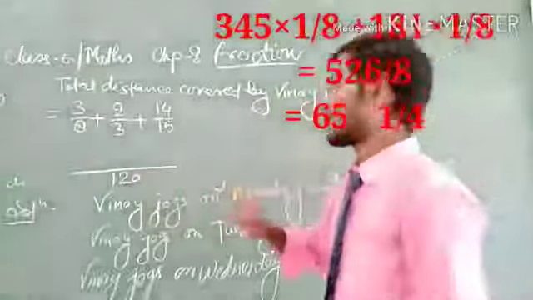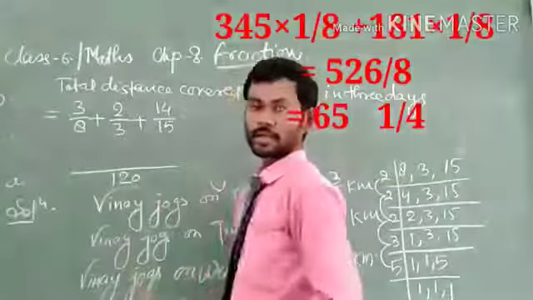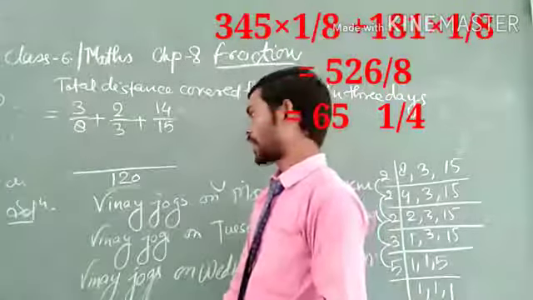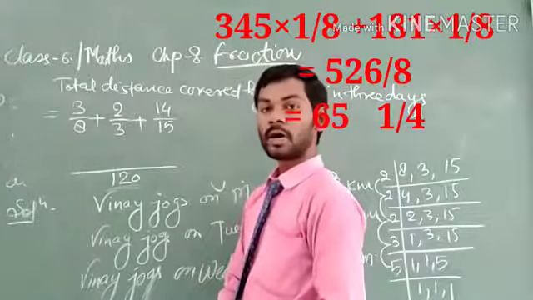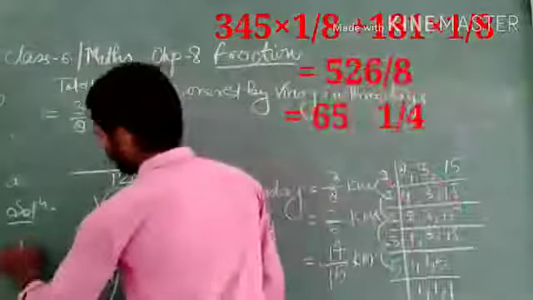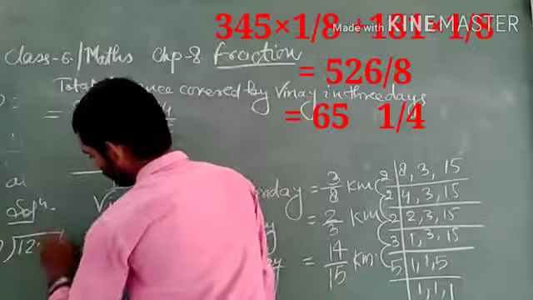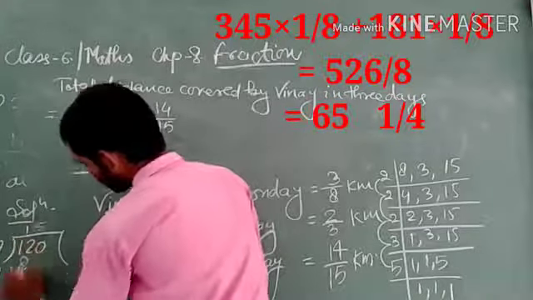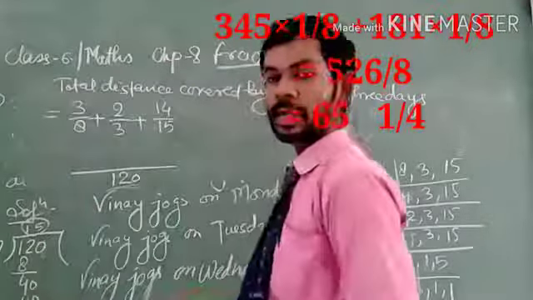Now divide this LCM 120 by 8. When we divide 120 by 8, we get 15, since 8 fifteens are 120.